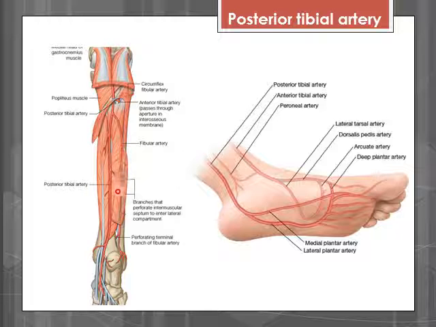This fibular artery at its terminal part gives off an important perforating terminal branch that could replace the dorsalis pedis artery if it is absent, and carries the arterial supply to the dorsum of the foot. But if the dorsalis pedis artery is present, it reinforces the arterial supply of the dorsum.